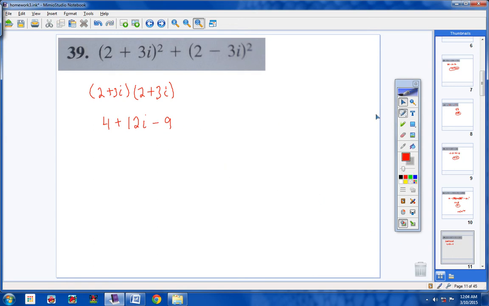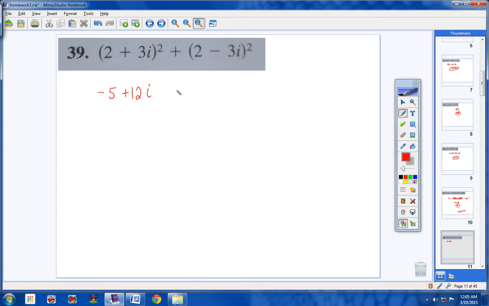Combine your like terms. 4 minus 9, negative 5 plus 12I. Okay, so when you took this times itself and you squared it, you got this, okay? So what that means is this entire first expression here, 2 plus 3I squared equals this here.